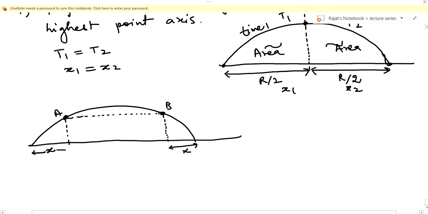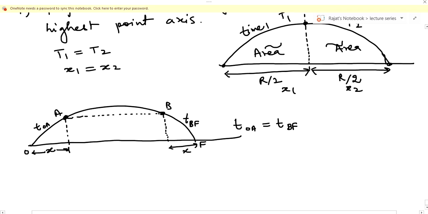If this length is x, then this length will also be x. Further, the time taken from O to A, let us say TOA, and the time taken from B to F, let us say TBF, then TOA will be equal to TBF. You can clearly see, so this is also the meaning of symmetry.